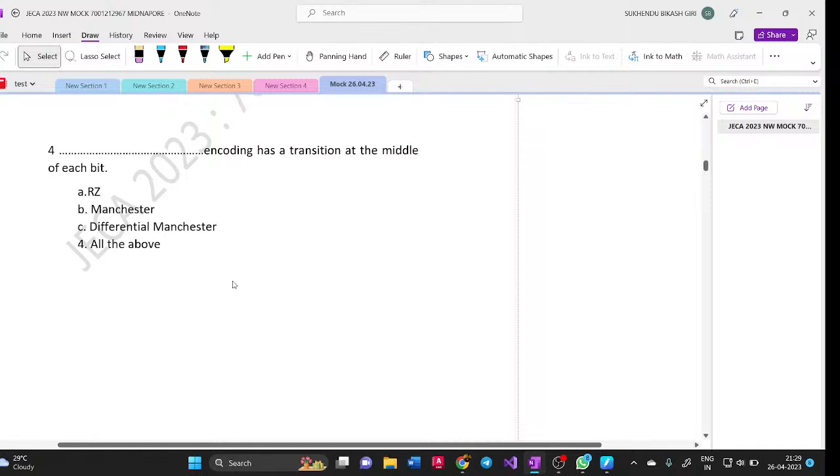Dash encoding has a transition at the middle of each bit.